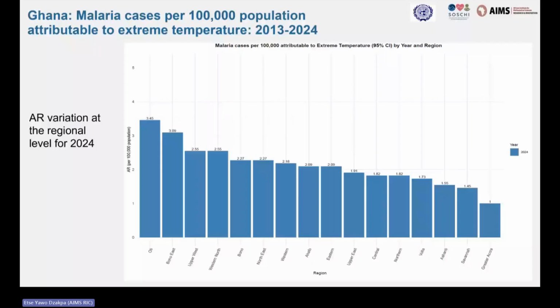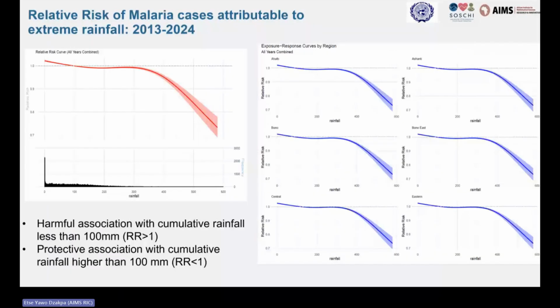We also have some results for rainfall, but for rainfall, what we observe mainly is that rainfall is acting globally as a protective factor, because when we have heavy rainfall, it contributes to flush away those breeding sites, and that is what we observe.